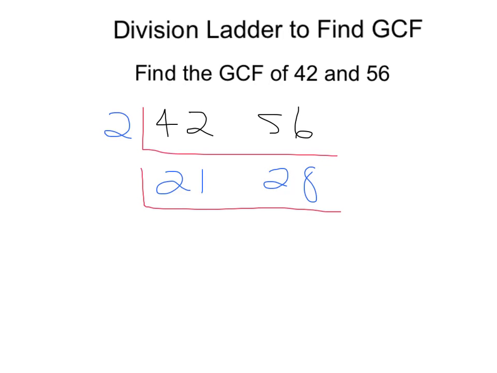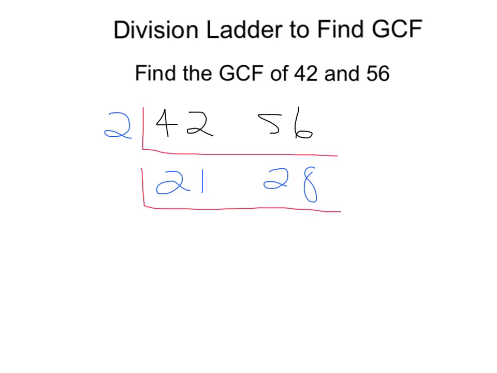Let's see, what else do they have in common? 21 and 28. 21 can be divided by 3. 28 cannot. 21 cannot be divided by 4 because it isn't even. Neither one can be divided by 6.